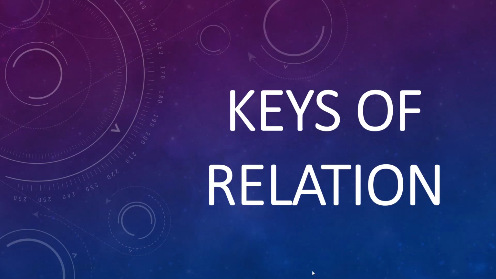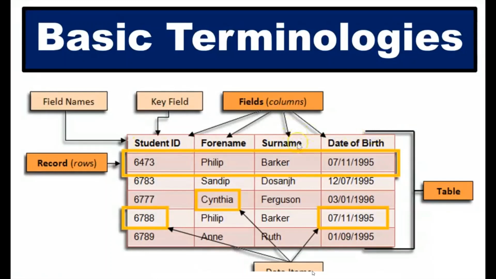Now before we begin with the meaning and types of keys in a relation in database management system, let us quickly recall the basic terminologies used in a relation or table. जैसा कि हमने पहले भी डिस्कस किया है, एक टेबल को हम रिलेशन के नाम से भी बुलाते हैं.